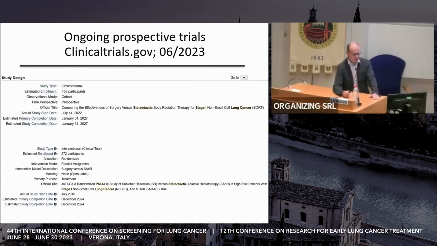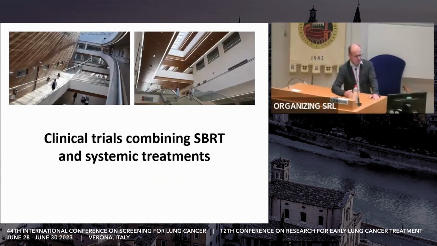It's again a US-based study, STABLE-MATES, in which there is a random allocation to SBRT versus surgery in well-defined high-risk patients for surgery. And this study should tell us more, hopefully, when it's finalized, whether these two modalities are truly equivalent.